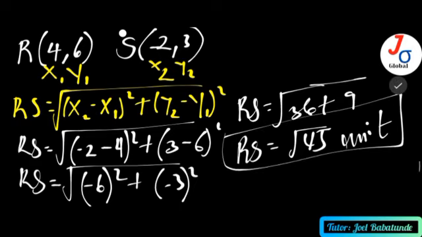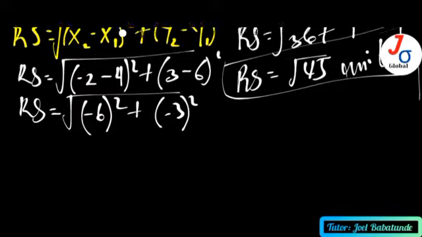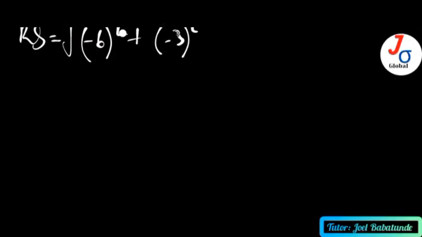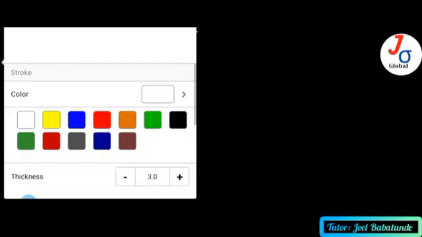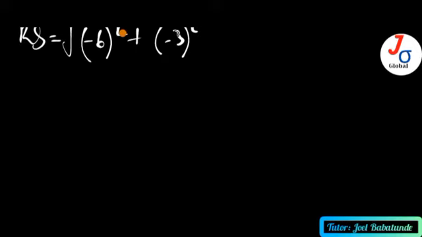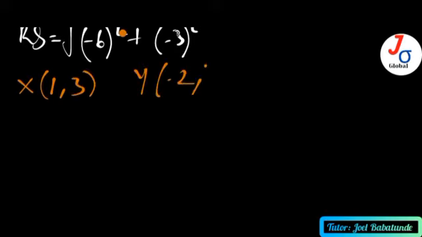So let's take one more example to actually finalize this. Let's say we have 2 points, X is 1, 3 and Y is minus 2, 3.